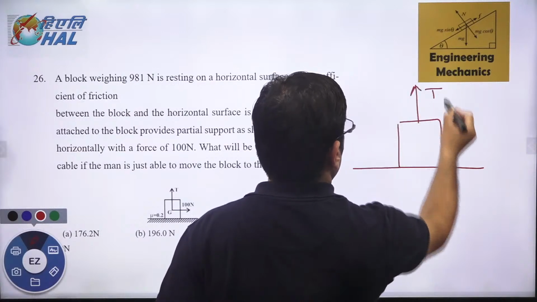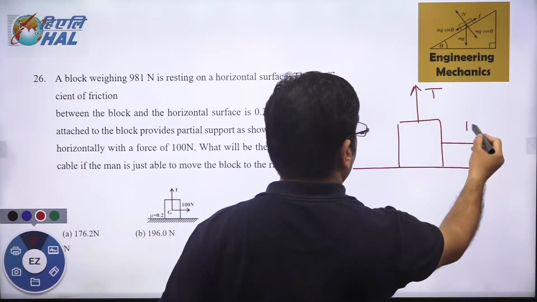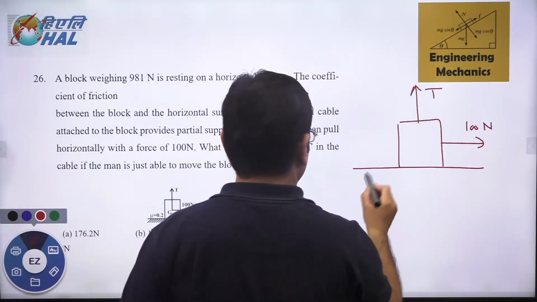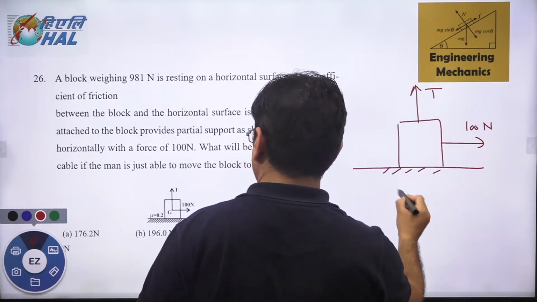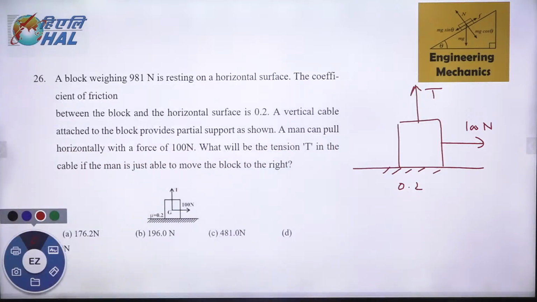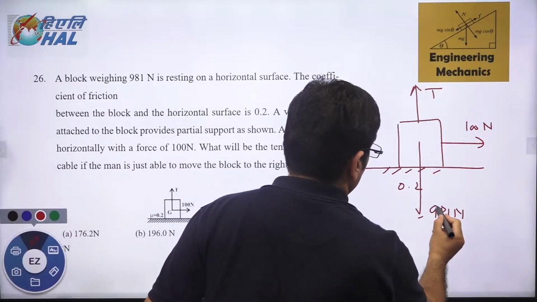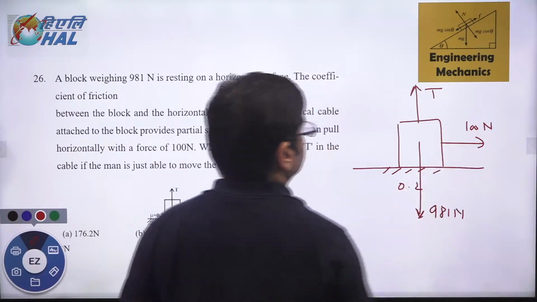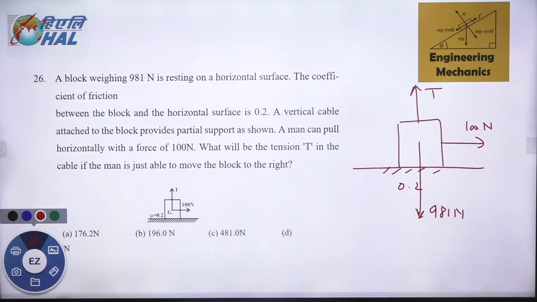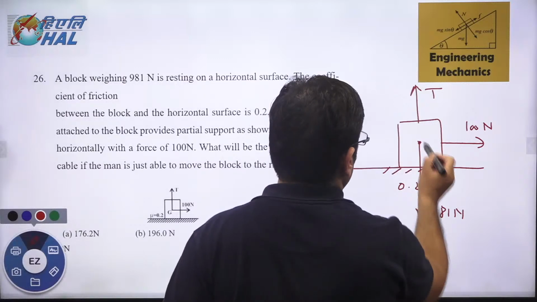This tension T is applied here. This is the horizontal force 100 Newton, and this coefficient of friction is given as 0.2, and the block is weighing 981 Newton. Weight is 981 Newton. So find out the value of this T so that the man is in position to pull it in the horizontal direction. Now see, normal reaction is how much?